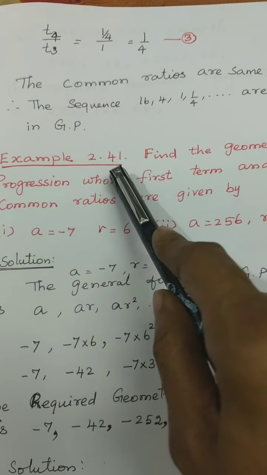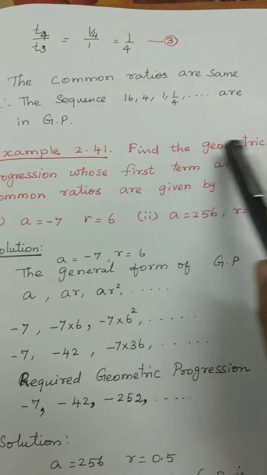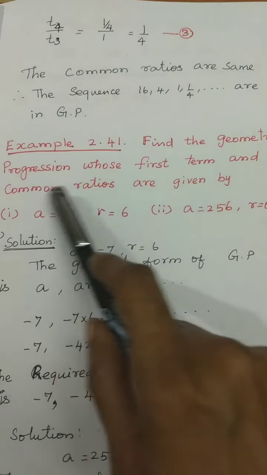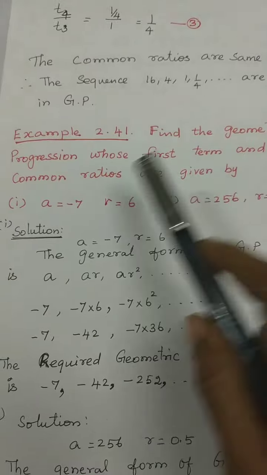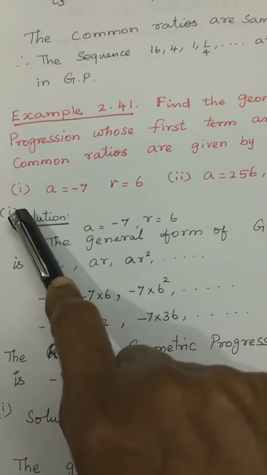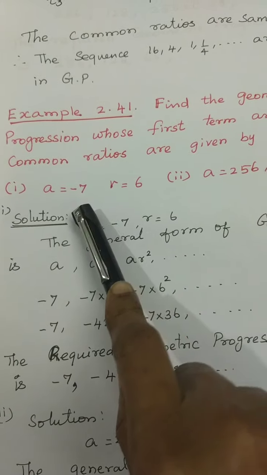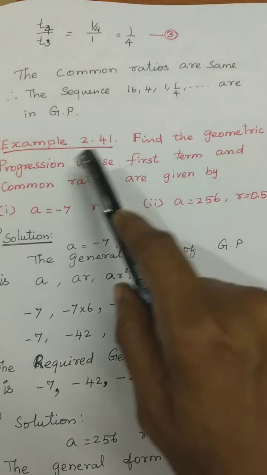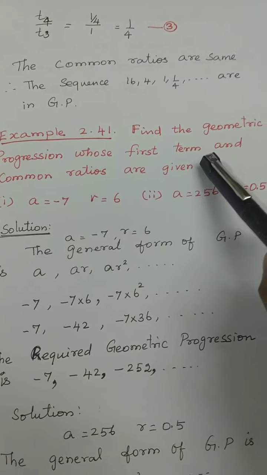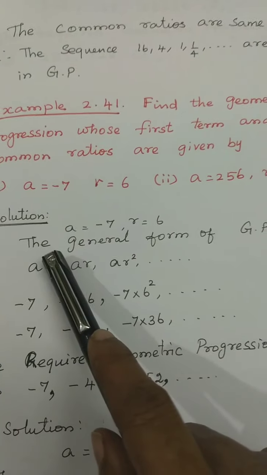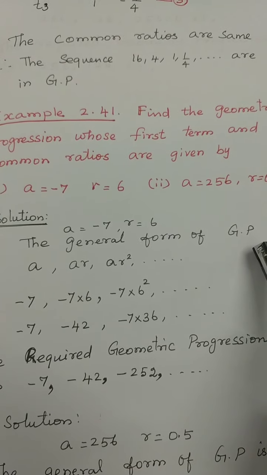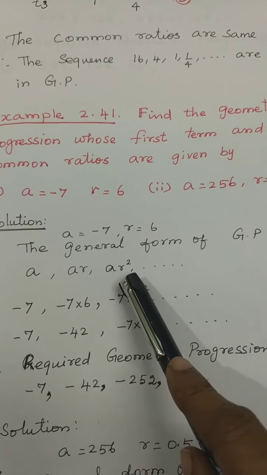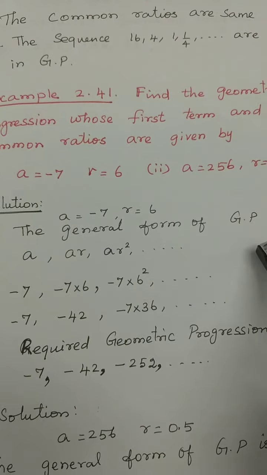Then example 2.41. Find the geometric progression whose first term and common ratio are given by. The first term is A, A is equal to -7. Then R is equal to 6. We have to write the geometric progression here. Okay. What is the general form of geometric progression? That is A, AR, AR square, and so on.